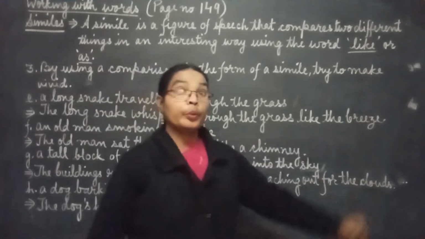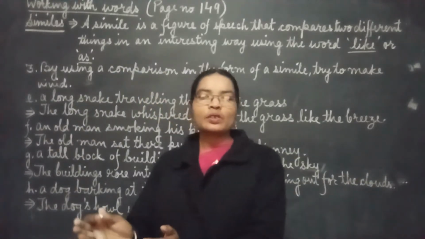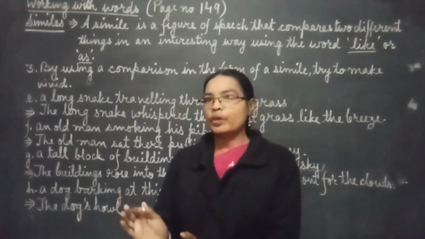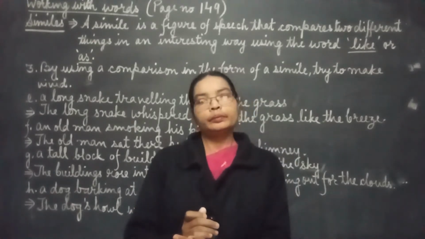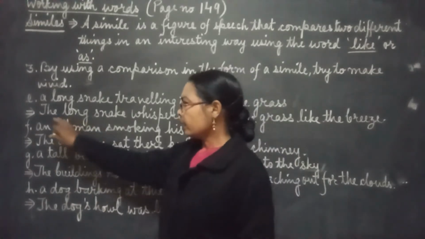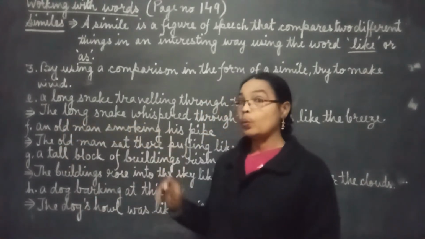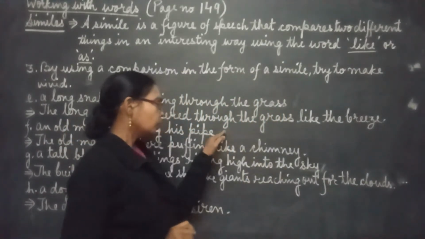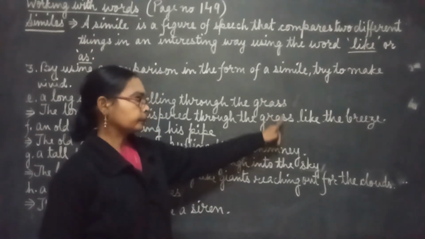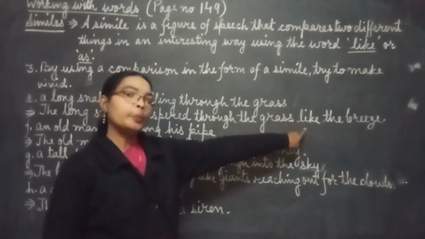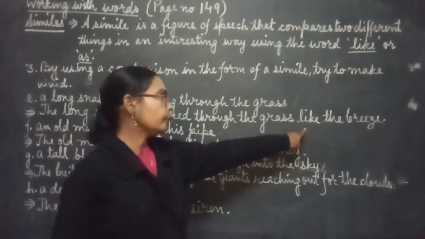How? Like the breeze. When it was passing, it seems that a breeze is blowing. Alright. So, here in number E, we got the long snake whispered through the grass like the breeze. Here the word like we are using.